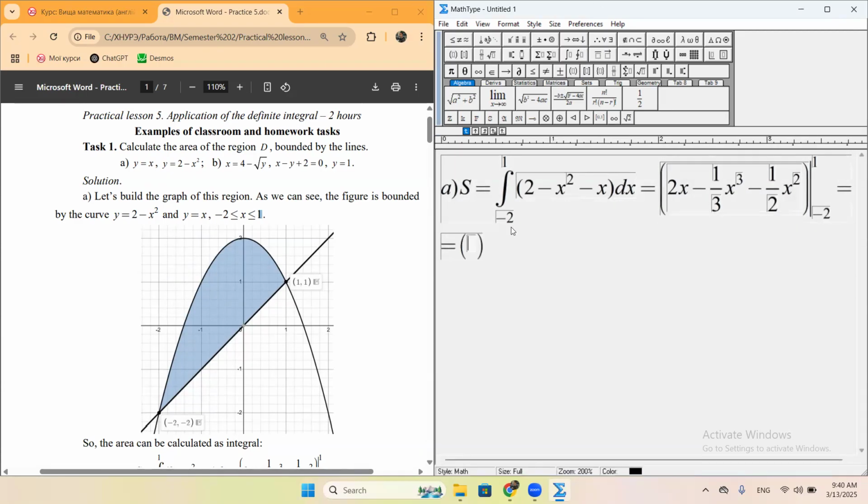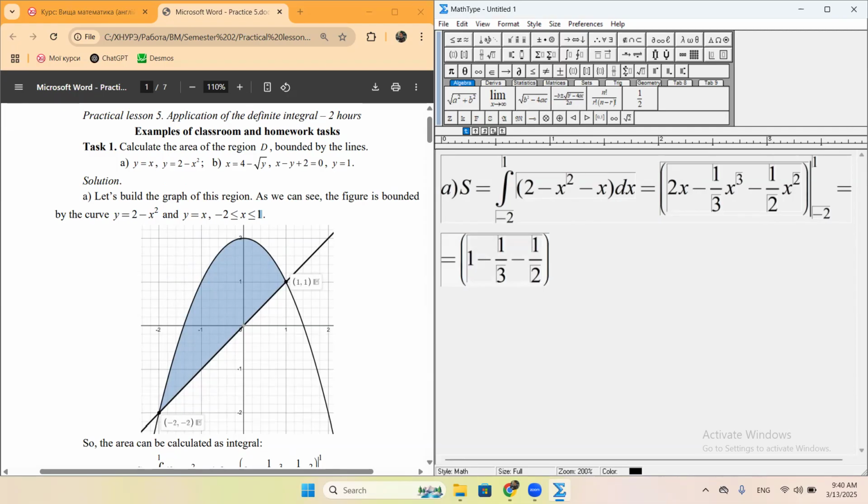And now let's do the substitutions. So 4 minus 8 over 3 minus, stop. Yeah, a little bit confused. So 2 minus 1 over 3 minus 1 over 2.